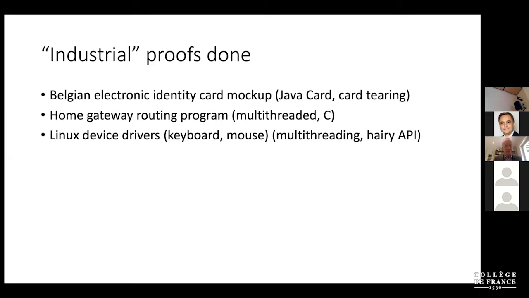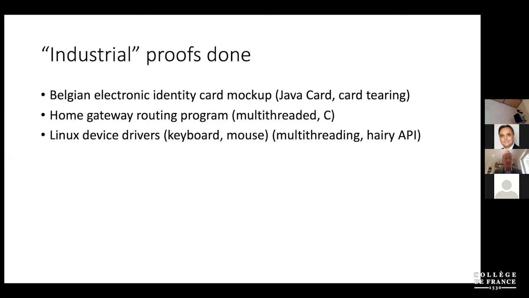We verified the simplest Linux device drivers that we could find, so some keyboard and mouse device drivers. It was a big job because it uses the USB API of the Linux kernel, which is a huge API, so it took us a lot of time to model that and understand that. And we also found some bugs that were fixed in these device drivers while we verified that.